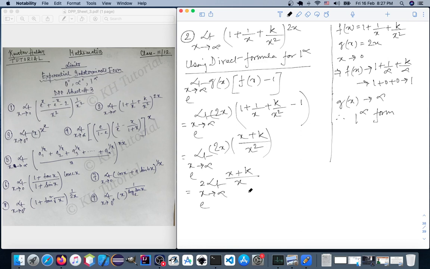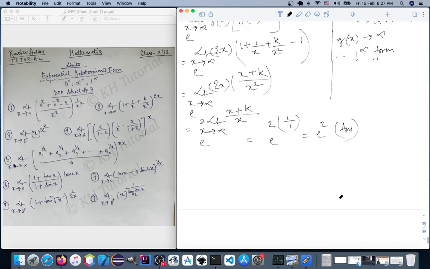So in this example, the coefficients of the highest power of x are 1 and 1. So the limiting value of x plus k by x when x tends to infinity becomes e to the power 1 by 1. This equals e square. This is the answer.